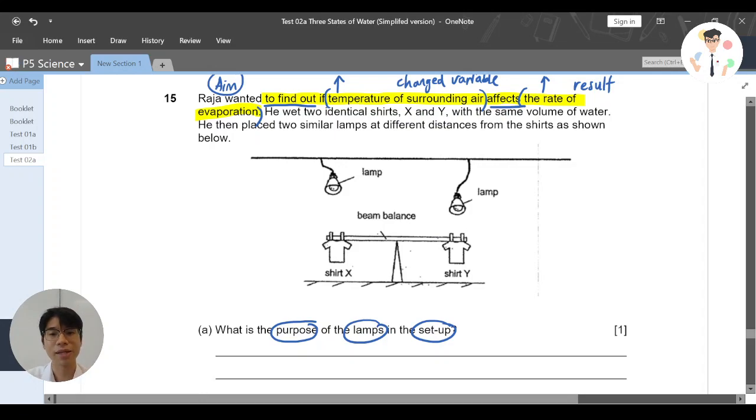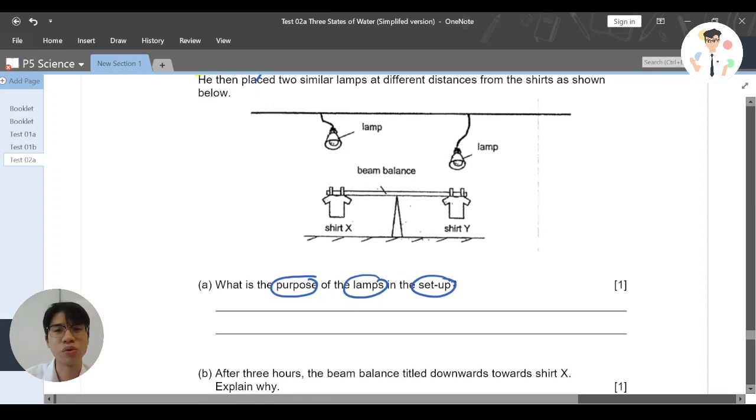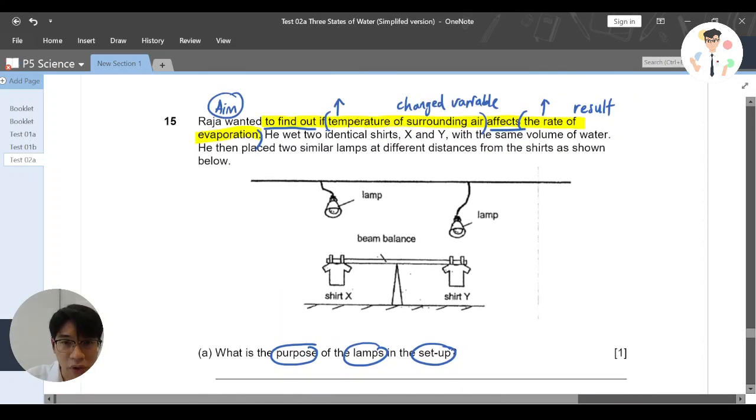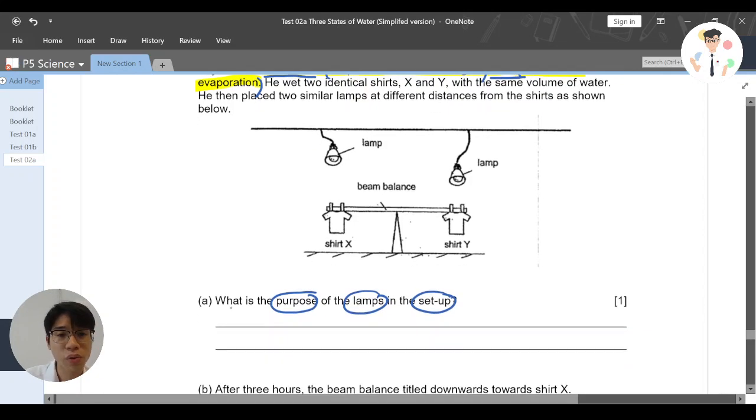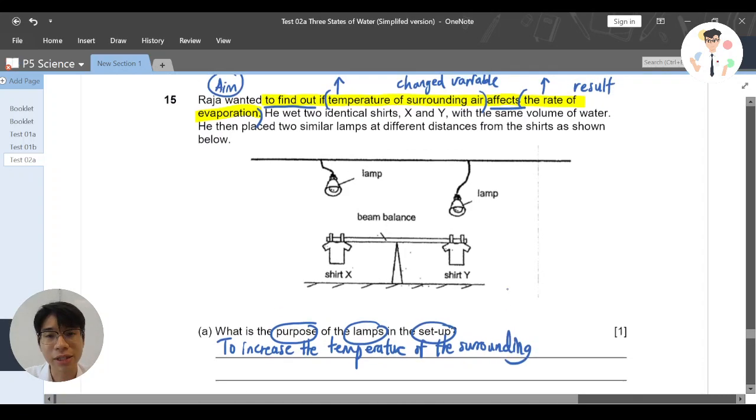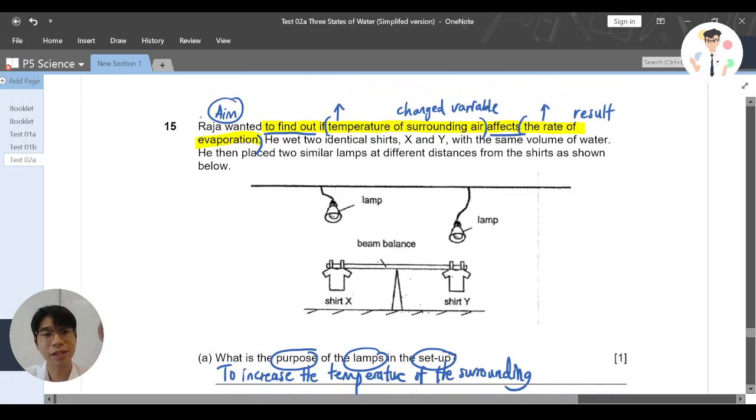Yes, but they're asking only about the lamp. What is the usefulness of the lamp? It takes on the role of controlling the temperature. So you can say it is to increase the temperature of the surrounding. This is the part you should always refer back to: the temperature and the rate of evaporation. These are the two things you must mention.